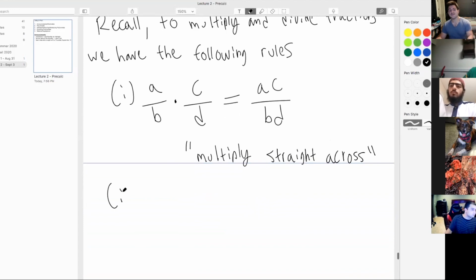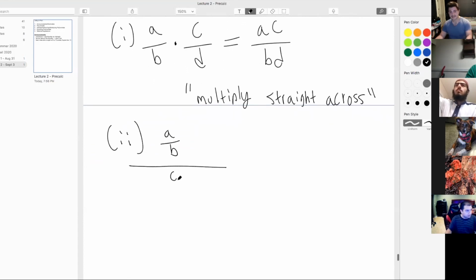Okay, next, how do we divide them? Let's say we have a over b, and we want to divide that by c over d. You keep the top fraction the same, you change it to multiplication, and you multiply by the reciprocal of the bottom guy. So a over b multiplied by d over c.